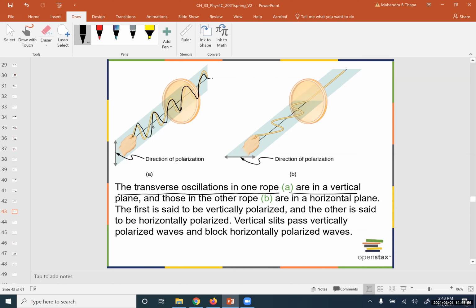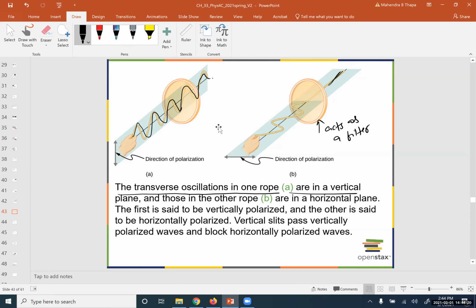But if you move the filter, we are not getting the wave to this side. So this acts as a polarizer, a filter. It only allows the wave whose plane is parallel to its axis to pass.